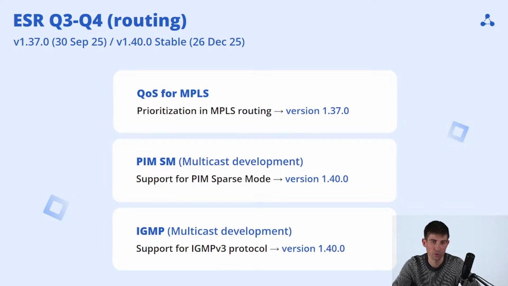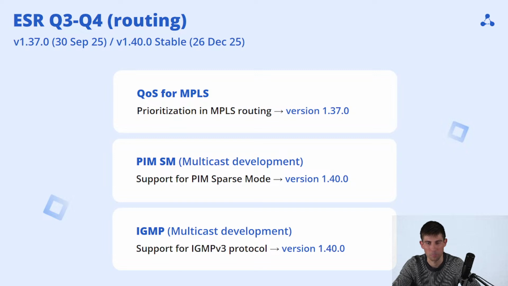Other two features are in the stabilization phase at the moment and related to multicast. PIM-SM is multicast routing for sparsely distributed hosts, for specific applications where hosts are not densely but sparsely present in the network.